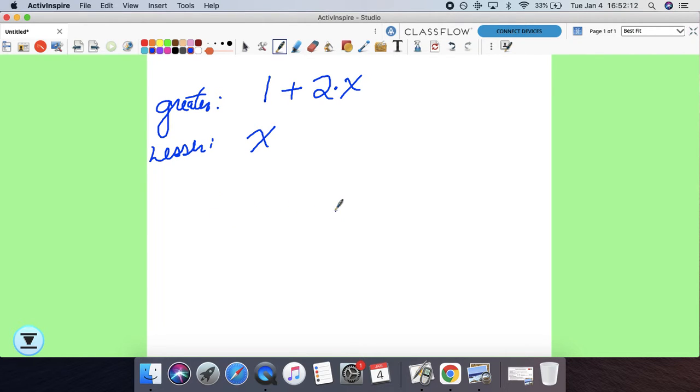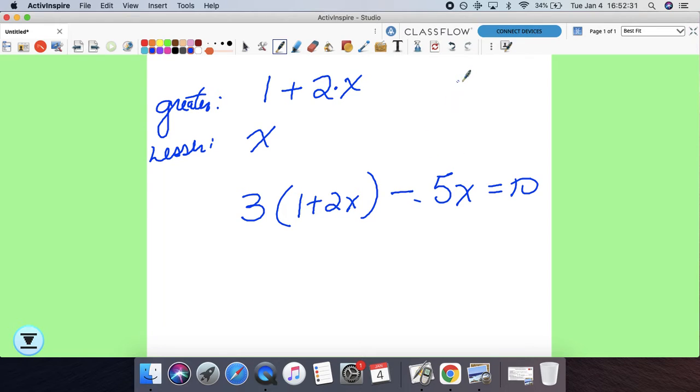So we can go to the sentence, and it says 3 times the greater, which is 1 plus 2x, exceeds 5 times the smaller one by 10. So the greater one beats the smaller one by 10. That's what literally that says. We get 3 plus 6x minus 5x equals 10.